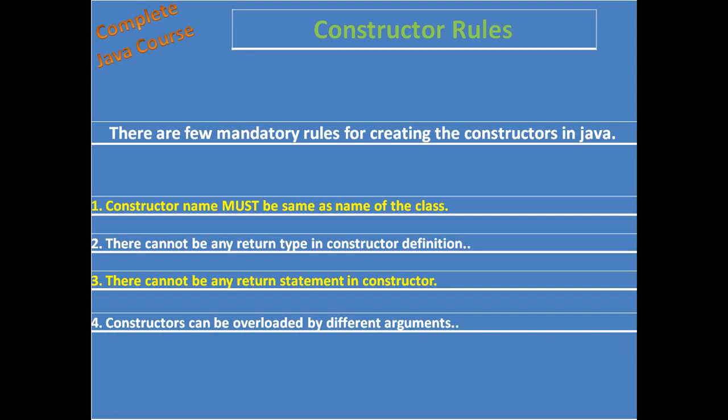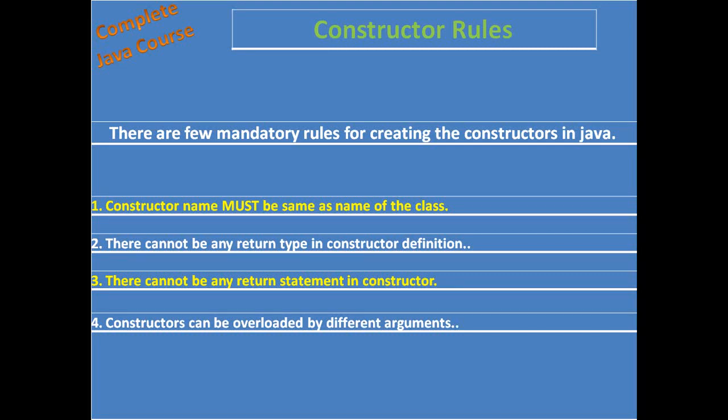If you define more than one constructor in a class, that is called an overloaded constructor, because the name of the constructor is the same, but the parameters are different. The number of parameters is different and the type of parameters is different. That is why it is called an overloaded constructor.